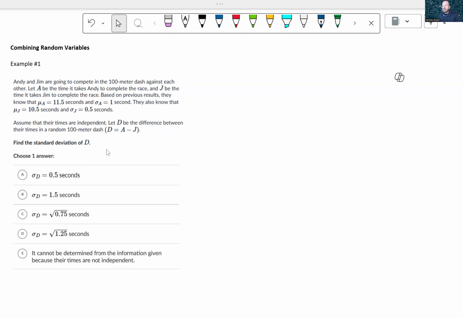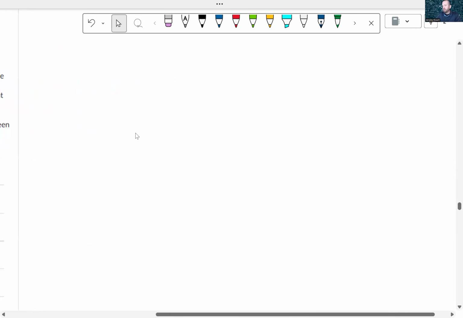Okay, so you might be thinking at a first glance that we would just subtract the standard deviations, 1 minus 0.5, and that is not how we do this. And we're going to look at another more simple example to explain why that is.